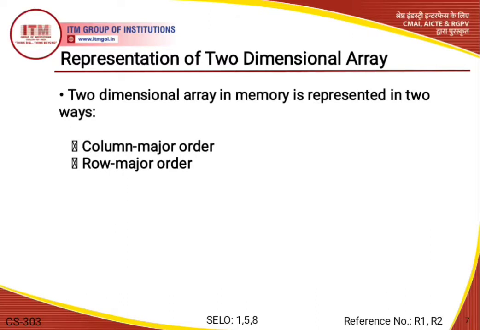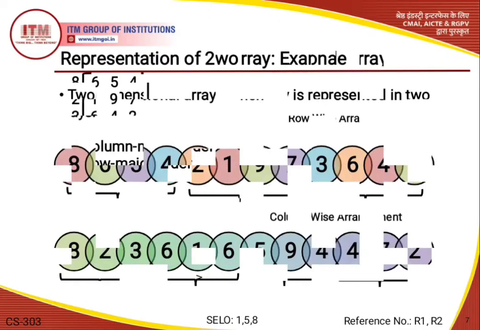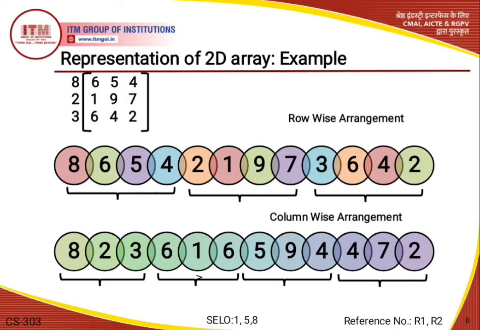So for this purpose, it is generally provided in two forms, column wise and row wise. In column major form, all the elements of the first column are stored, then the elements of the second column, and so on up to the last column. Here you can see the arrangement in both forms.